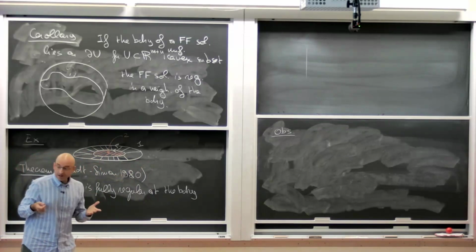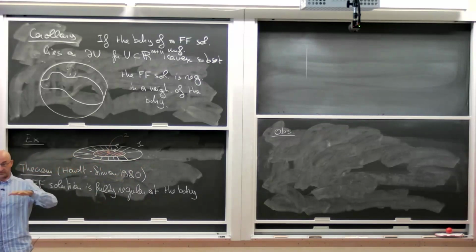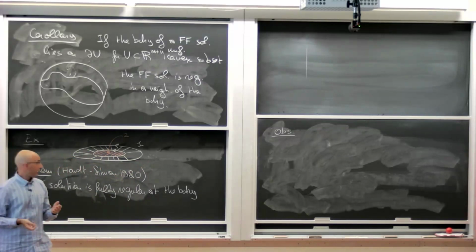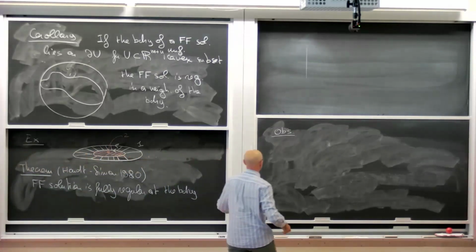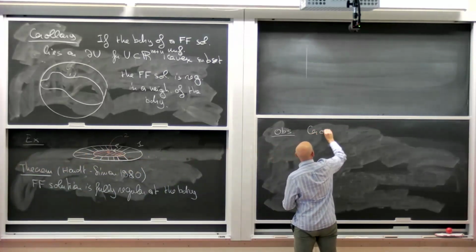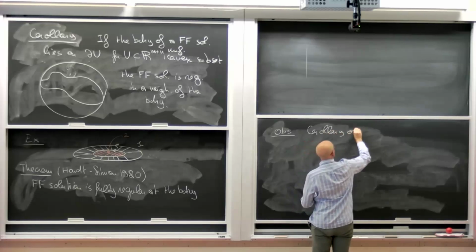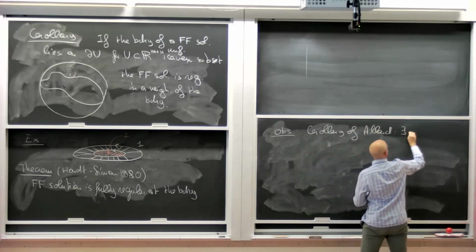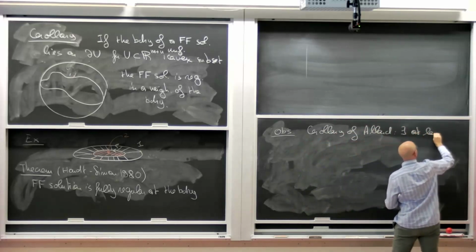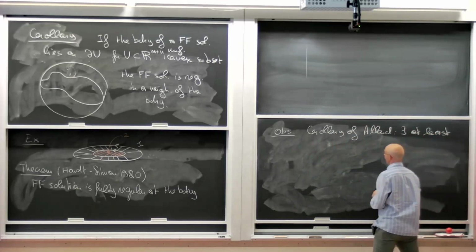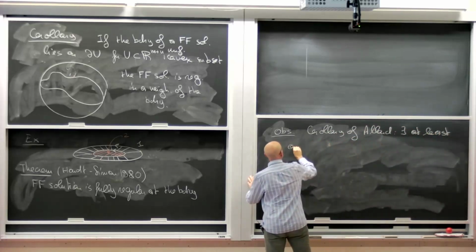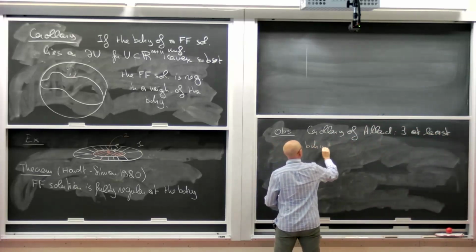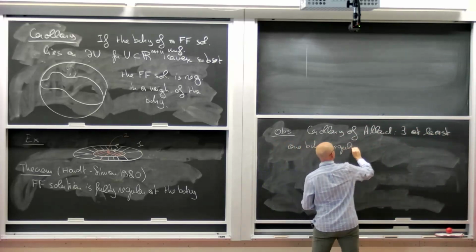But in a general Riemannian ambient manifold, you don't have this. For instance, if your manifold is closed, you're not going to have a foliation by convex surfaces. And a corollary of Allard is that there is always at least one boundary regular point in any dimension and codimension in R^n.